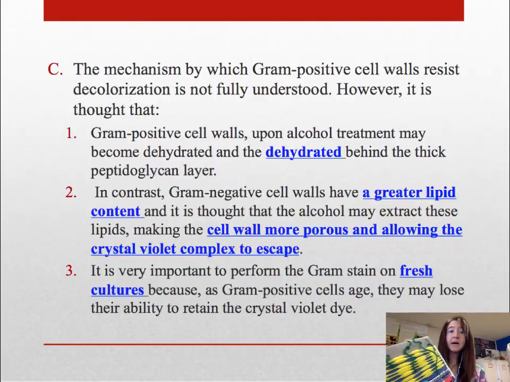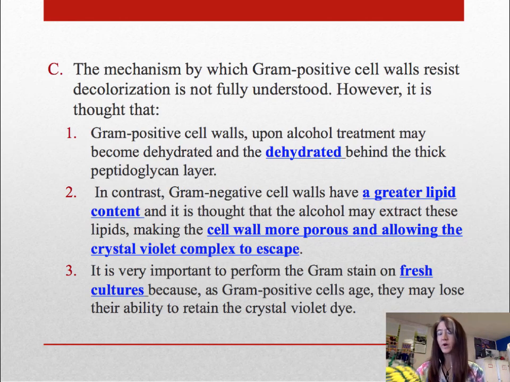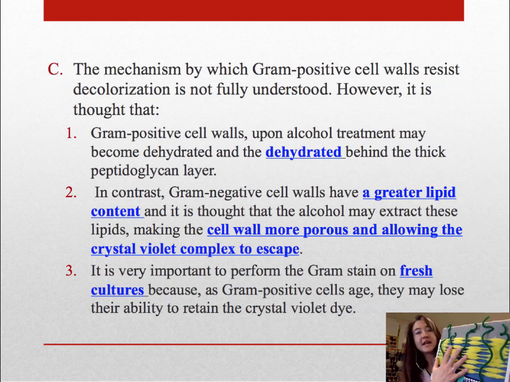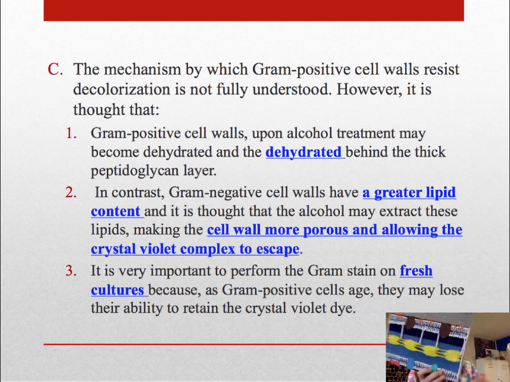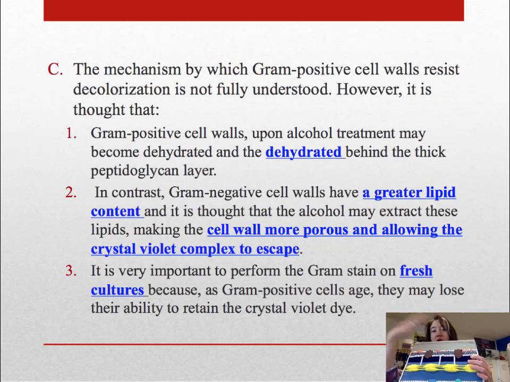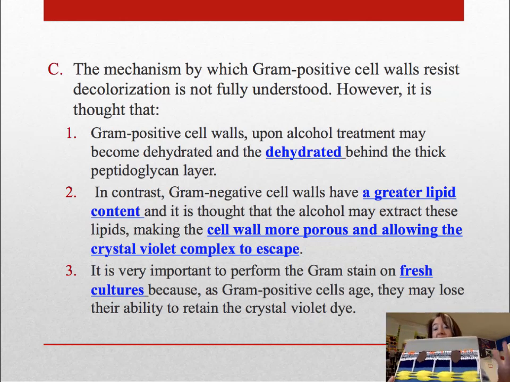But remember that the question we were left with was, why is it that this gram-positive cell holds on to the crystal violet iodine complex, where the gram-negative cell simply allows that complex to escape when treated with ethanol?